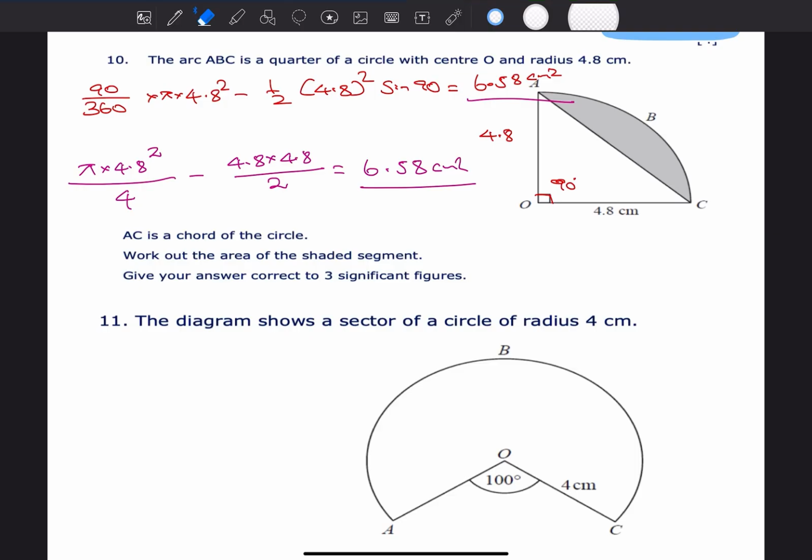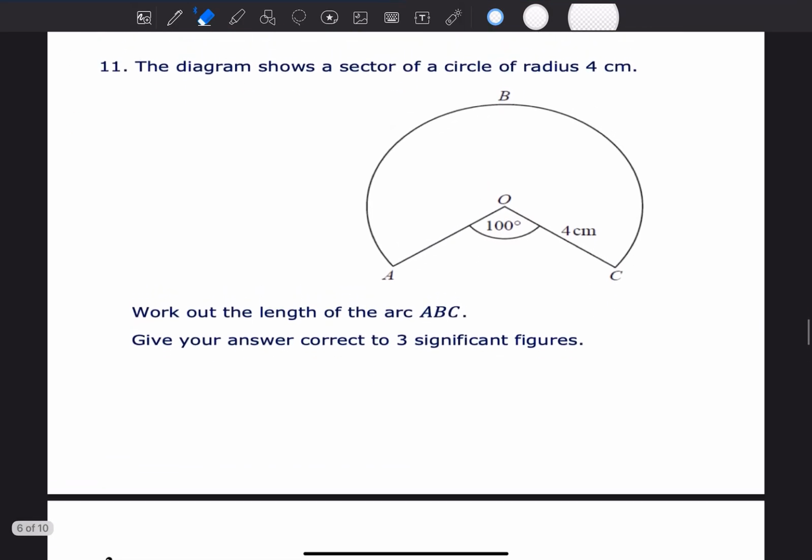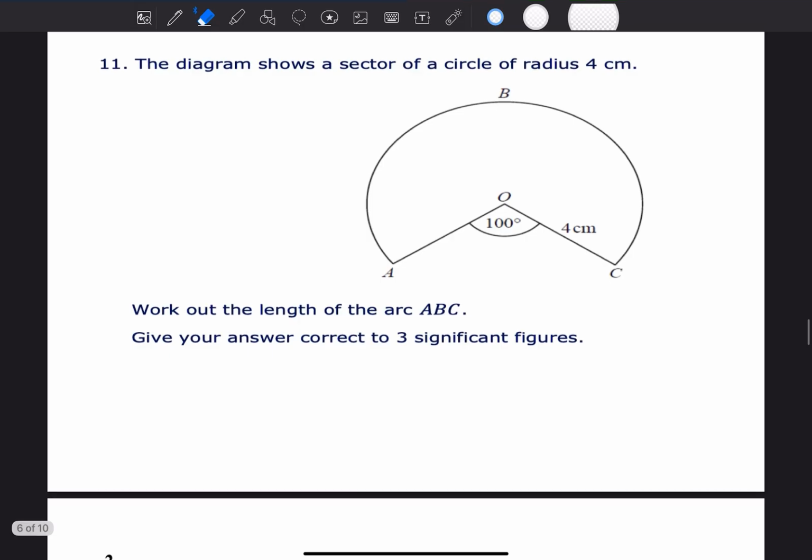Okay, good. Next one. The diagram shows a sector with radius 4. Work out the arc length. So remember, you're not supposed to use that, that's outside the sector. That's how much? 360 take away 100, which is 260.